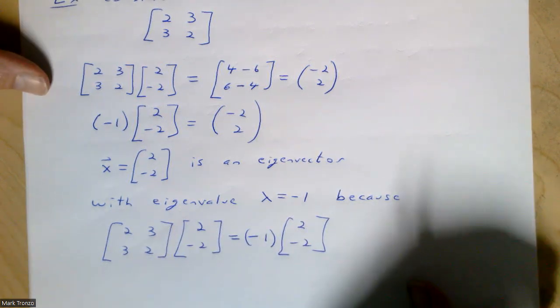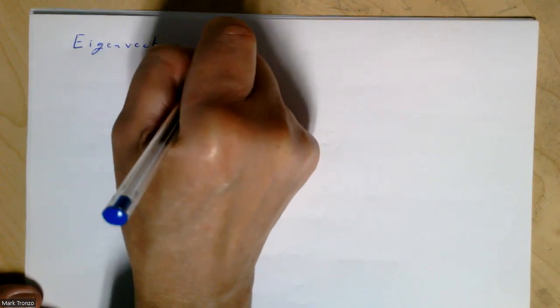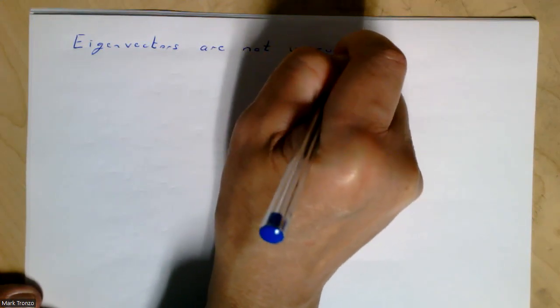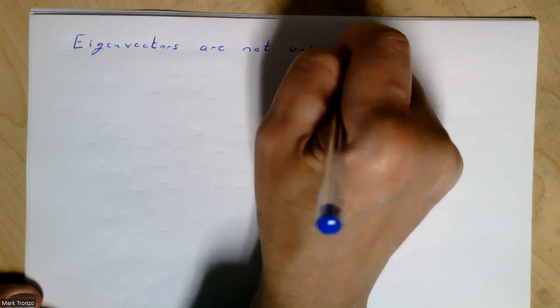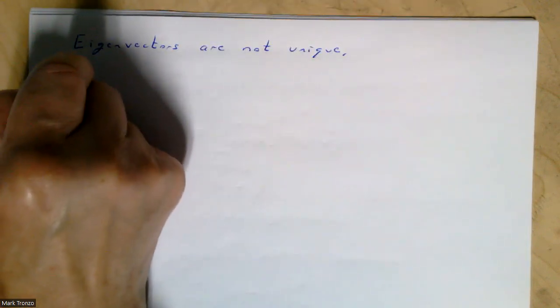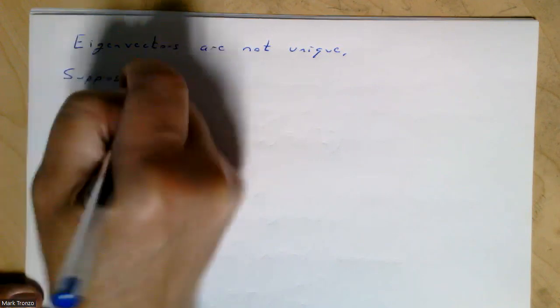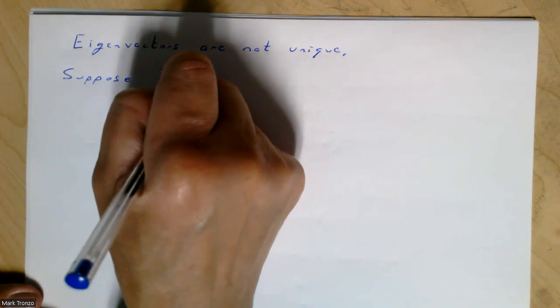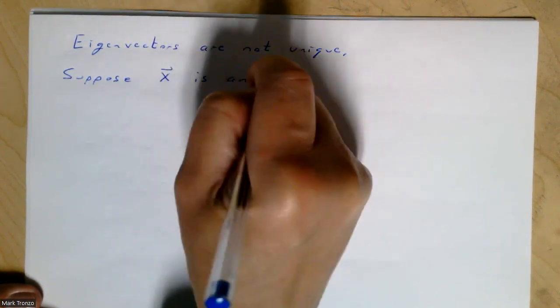Now, notice a couple other things. Eigenvectors are not unique. So suppose, once again, x is an eigenvector.